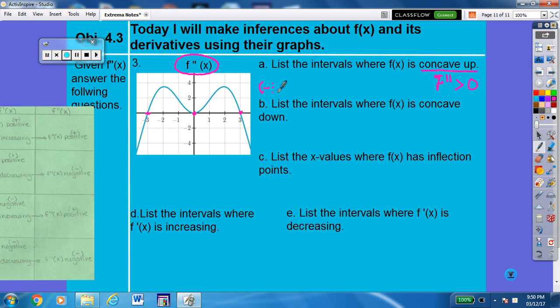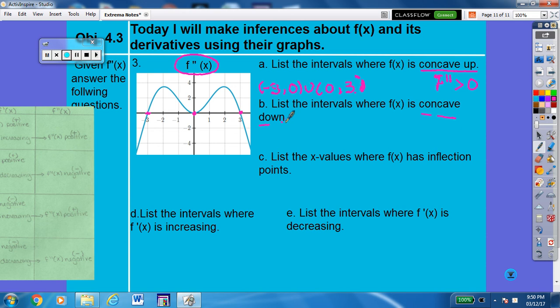Concavity is on open intervals, so I'm not going to include the 0, and I'm going to jump from 0 to 3.